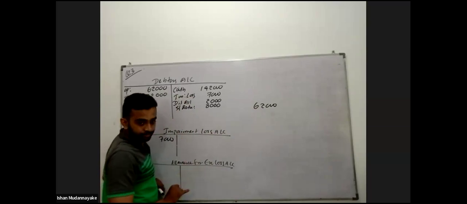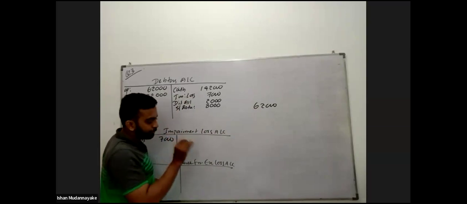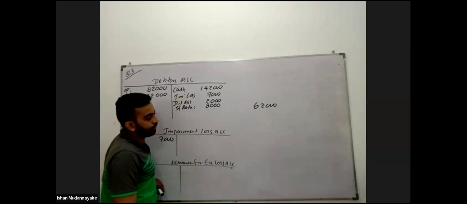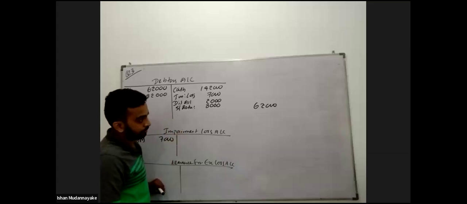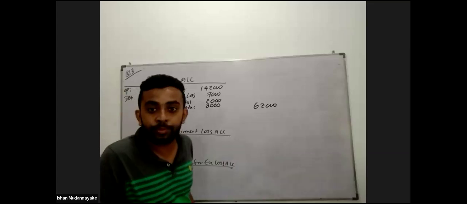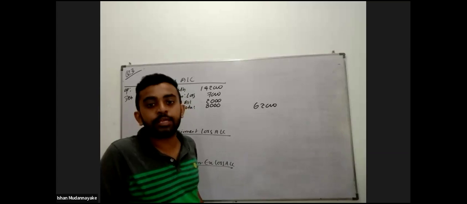This is the second type. The first type: policy of the business is to allow allowance for expected loss based on the debtor balance. If the opening debtor balance is 62,000, based on it you should be able to calculate the opening allowance for expected loss.